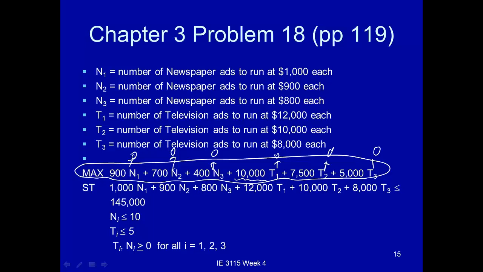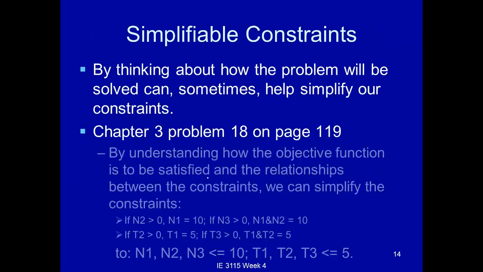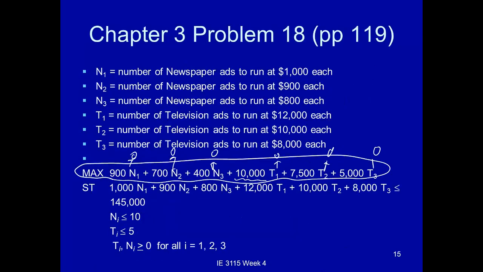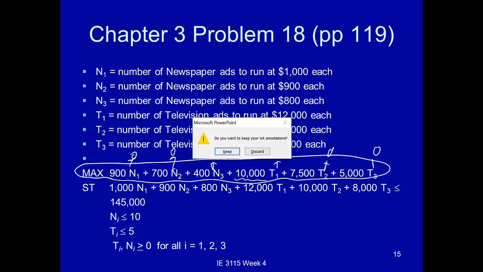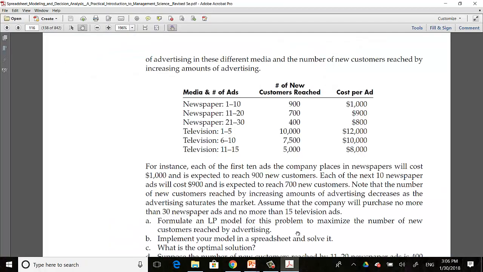So now let's go to this table here. For the first group, the N1 group, it's 900 customers, and the cost is 1,000.